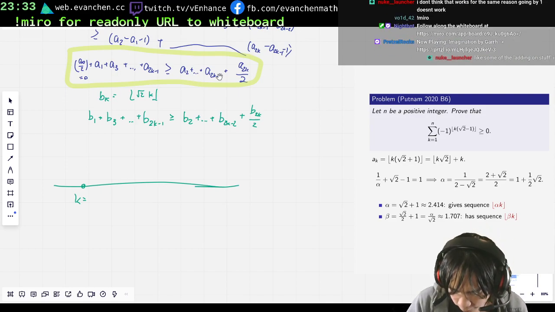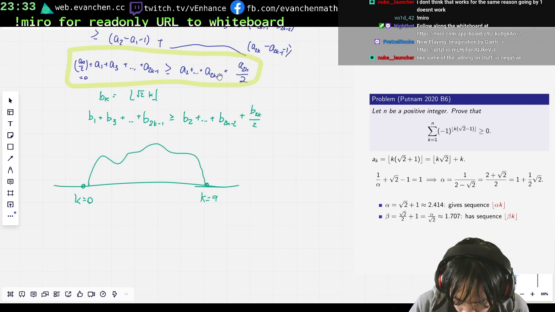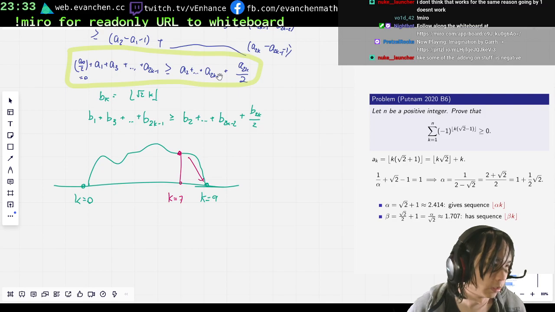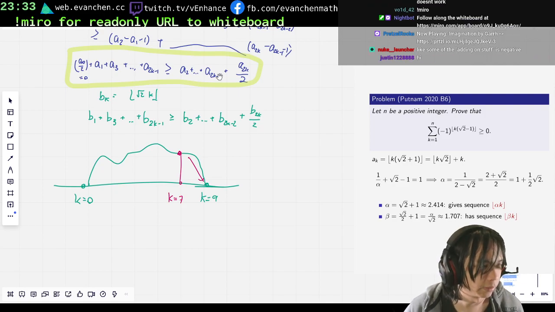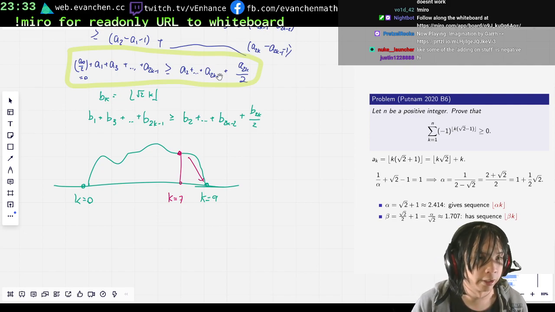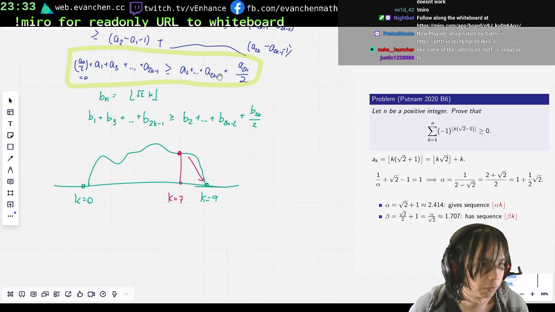It doesn't matter. Basically, there's a point at which k equals new computed that eventually this thing goes back to k equals 9. So no matter what you do, even if you try to do it from k equals 7 and go like this, the delta is negative. So because it touches back down, there's no way you can get it by looking at just this change, because this change can be negative.